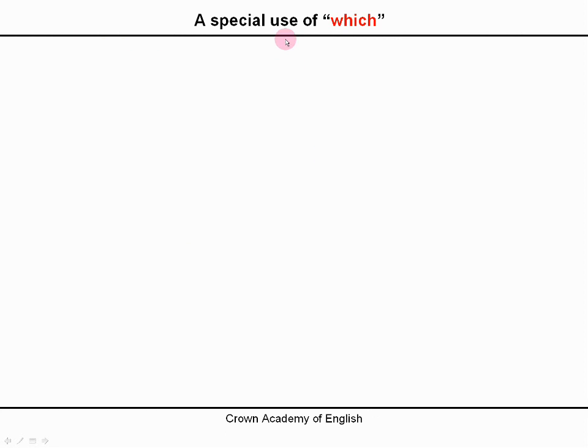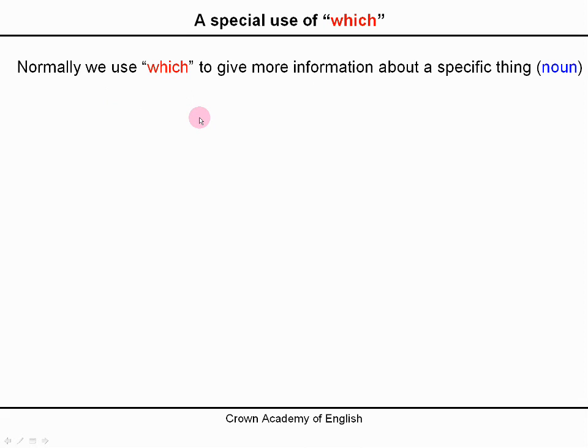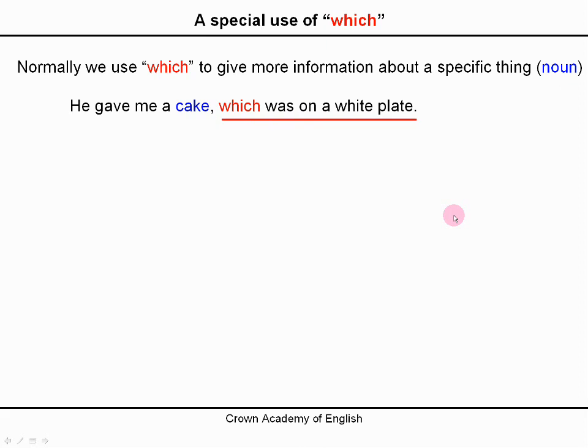There is a very special use of which. Remember, normally we use which to give more information about a specific thing, about a noun. Example: he gave me a cake which was on a white plate.